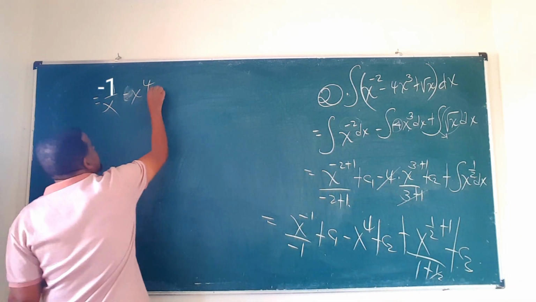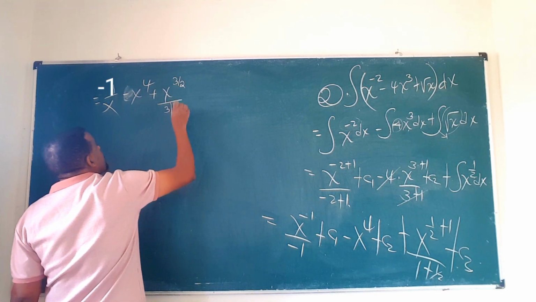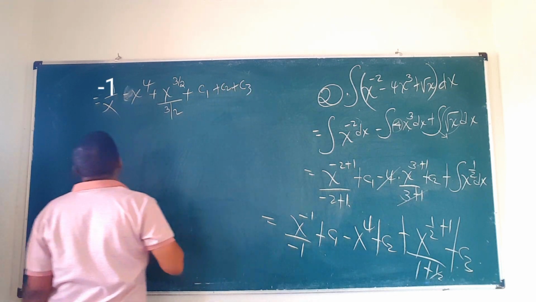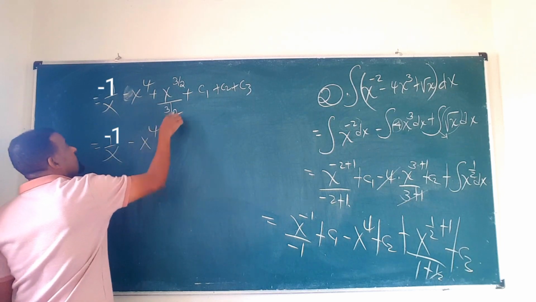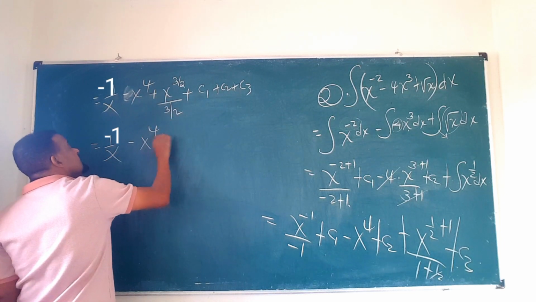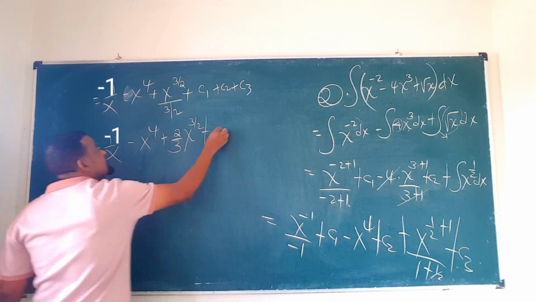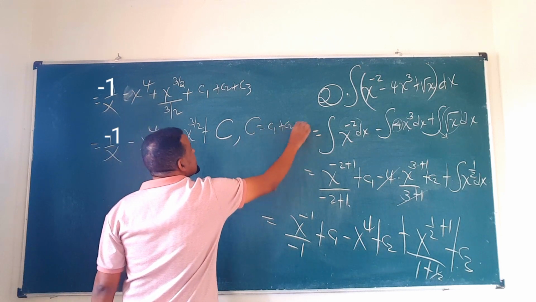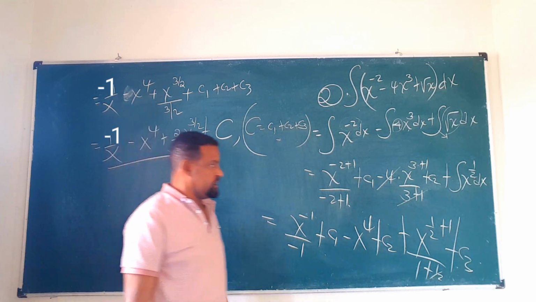So which is plus x to the power of 3 over 2, over 3 over 2, plus c1 plus c2 plus c3. So that will be 1 over x minus x to the power of 4, plus 2 over 3 x to the power of 3 over 2 plus c. Now where this c is c1 plus c2 plus c3. This is the integral.